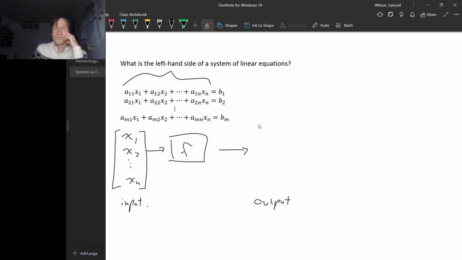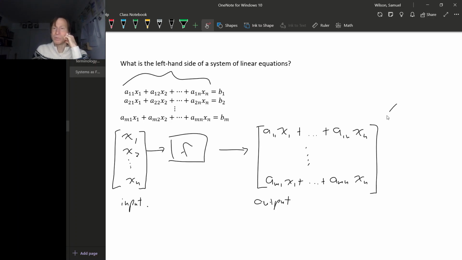It uses a formula to tell you what the output is, and the formula is a11 times x1 plus all the way to a1n times xn, down to am1 x1 plus all the way to amn xn.